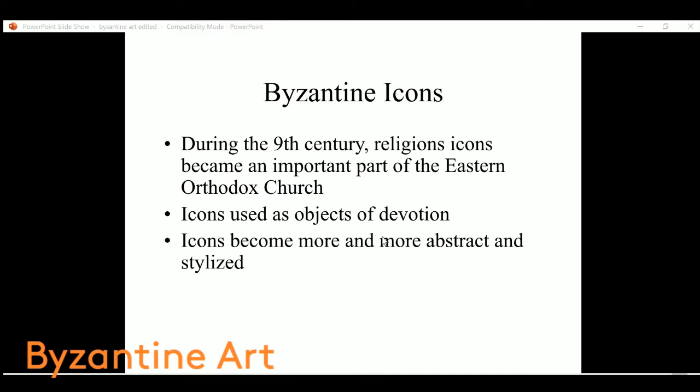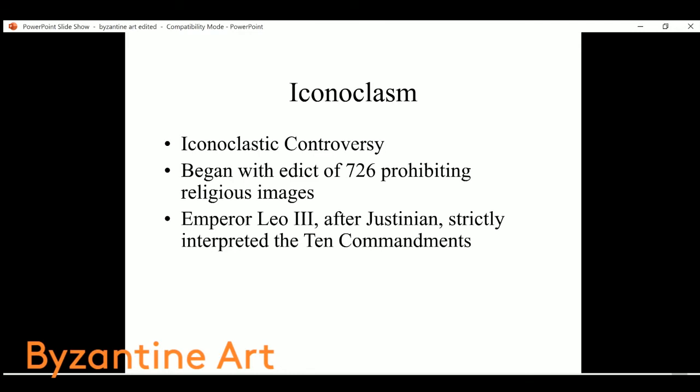During the 9th century, religious icons became an important part of the Eastern Orthodox Church. Icons were used as objects of devotion, and icons became more and more abstract and stylized. Iconoclastic controversy. What is actually iconoclasm?